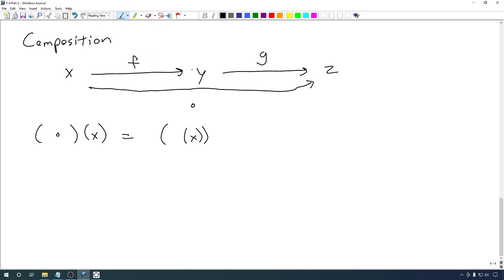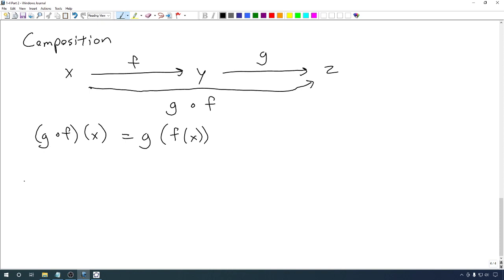F goes first, so f needs to be here. Then g takes the output of f and puts it through g. And we want to keep this order, this g followed by f. So g circle f is what we want to put there. Writing it in this notation makes it a lot easier to keep track of which order we're supposed to have.